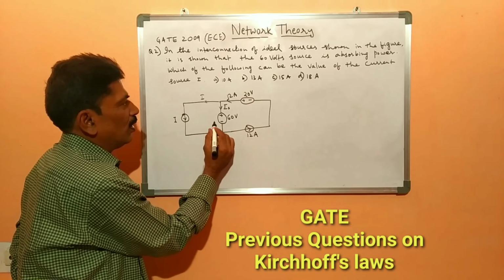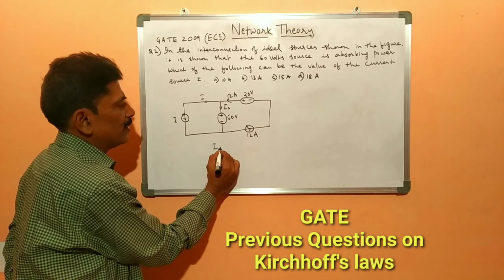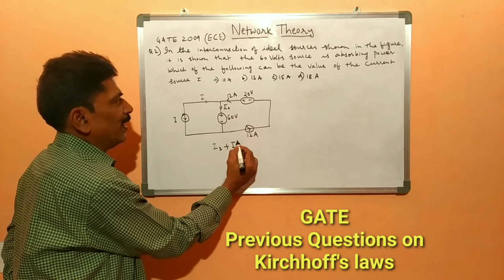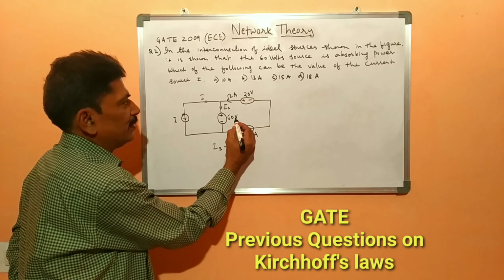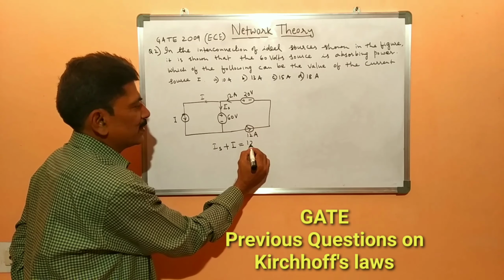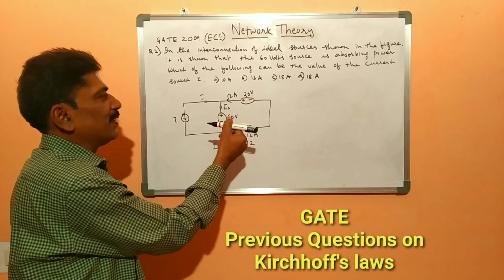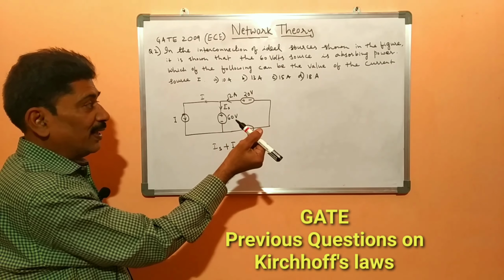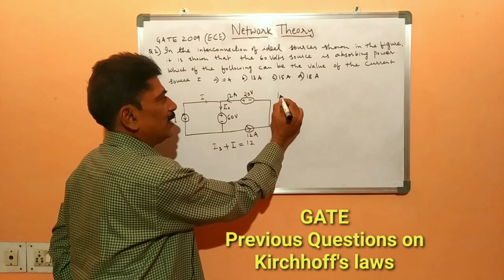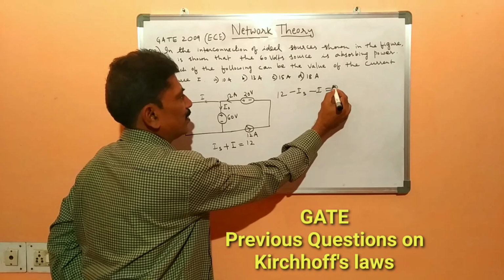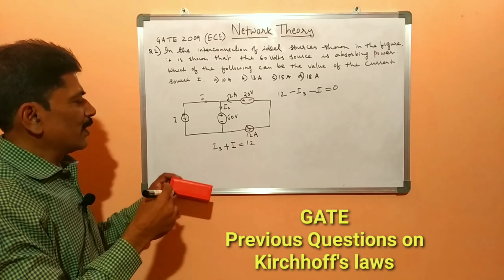So Is plus I, these are leaving, and should be equal to 12 amperes. That means if you take the sign of entering current as positive, then it will be 12 minus Is minus I is equal to 0. In that way also you can write.